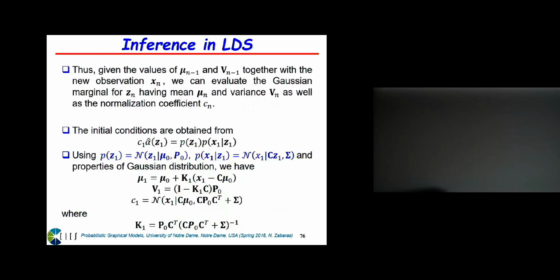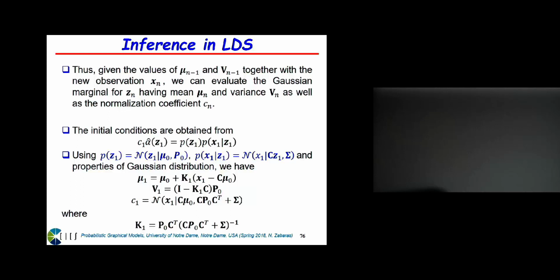You need to start the algorithm. If you take the message passing on the first step, the first message basically requires the initial state, the probability of Z_1, times the first measurement that you make. So this is our first P of Z_1, and this is the emission of x_1. If you plug in, following practically the same algebra as for message passing, it's simpler because you don't have any integral.